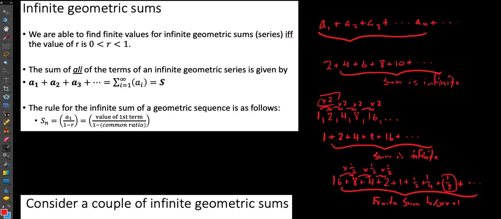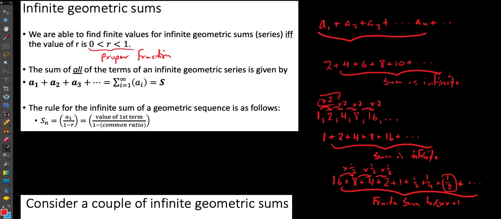Looking up here, the first thing I want you to read is that we're able to find finite values for an infinite geometric sum or series if and only if the value of r is a proper fraction. You could also look at it as a decimal between 0 and 1, but neither equal to 0 nor 1.